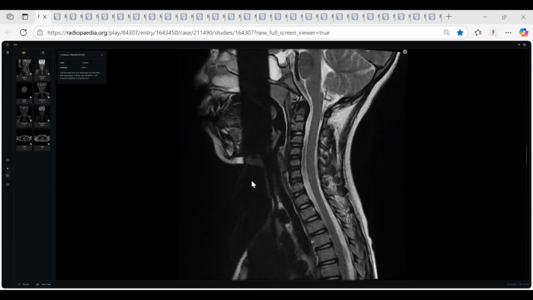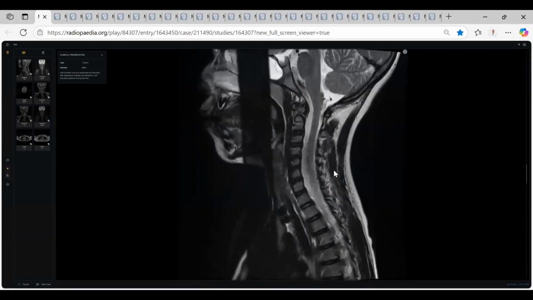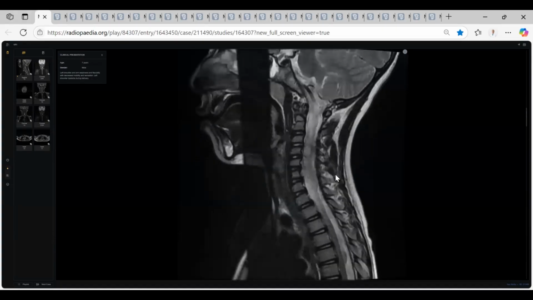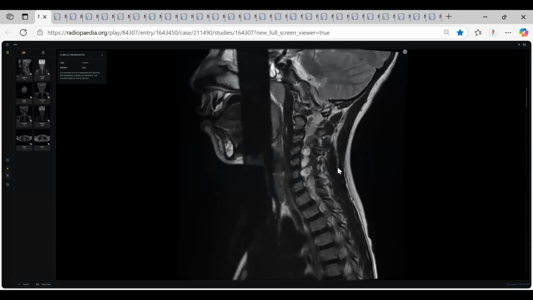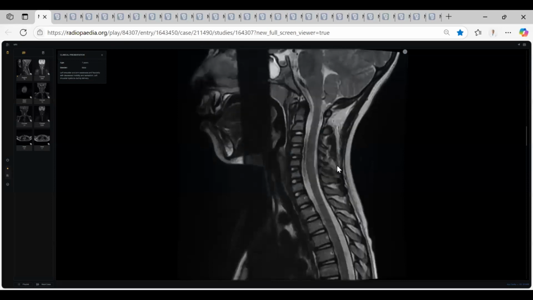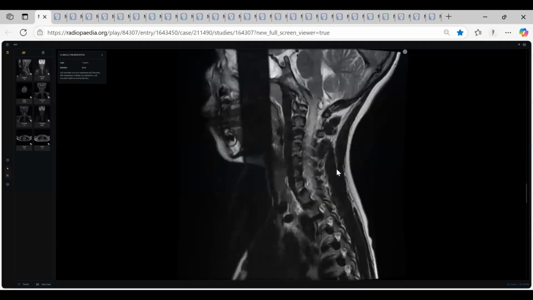A 7-year-old male patient presented with left shoulder and arm weakness and flaccidity with decreased mobility and sensation. I am presented with sagittal T2 weighted images for a 7-year-old patient complaining of left shoulder weakness.